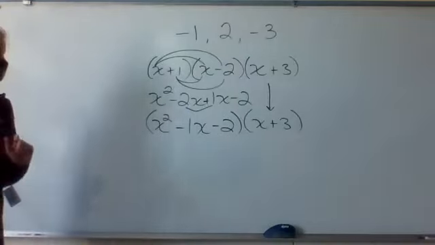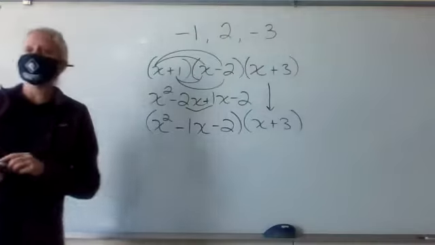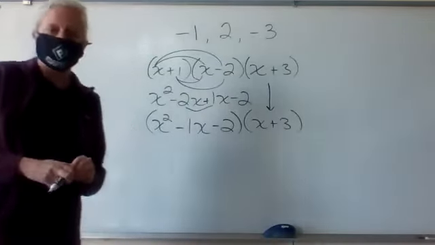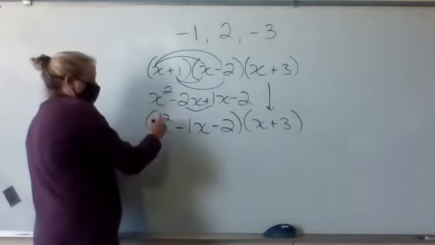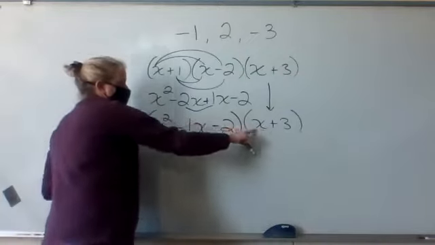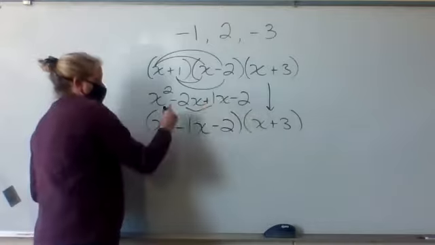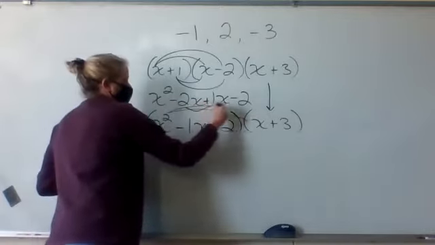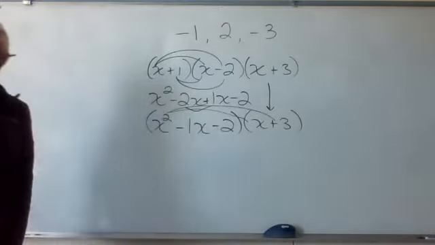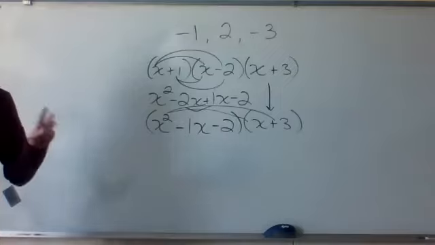So let's FOIL, or I guess not FOIL because it's not first, outer, inner, last, but I'm going to distribute all of these terms in this parenthesis to the 2 terms in that one. So the x squared goes to both of those. And this is where I'm going to get my degree 3 from, right?